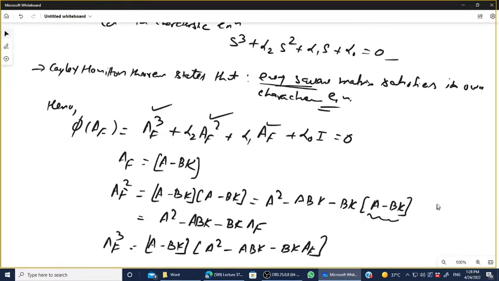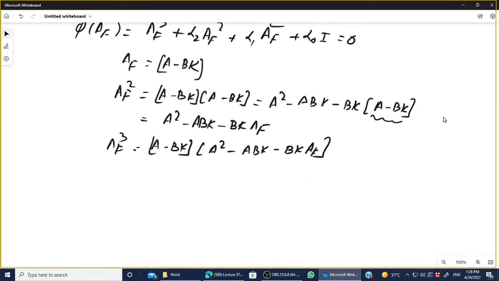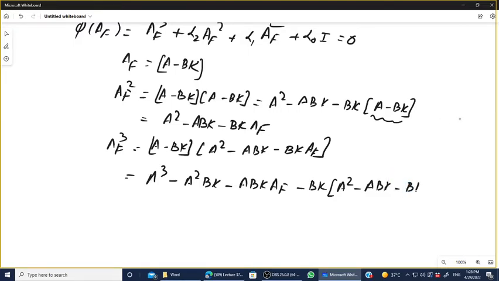When you solve this equation, you will get A cube minus A square BK minus ABK AF minus BK into the same term, A square minus ABK minus BK AF.